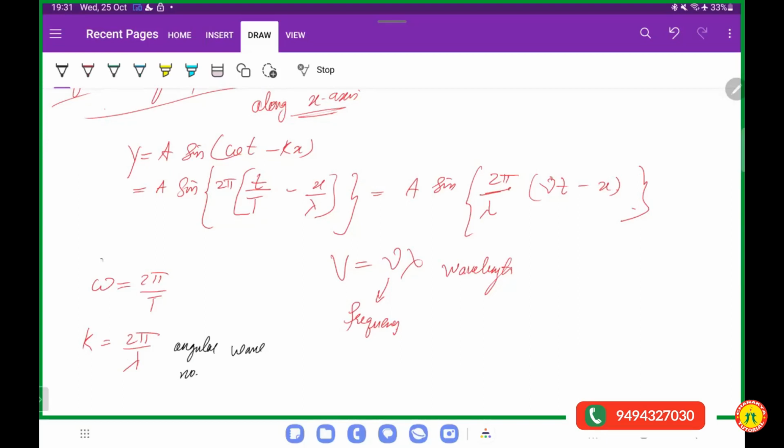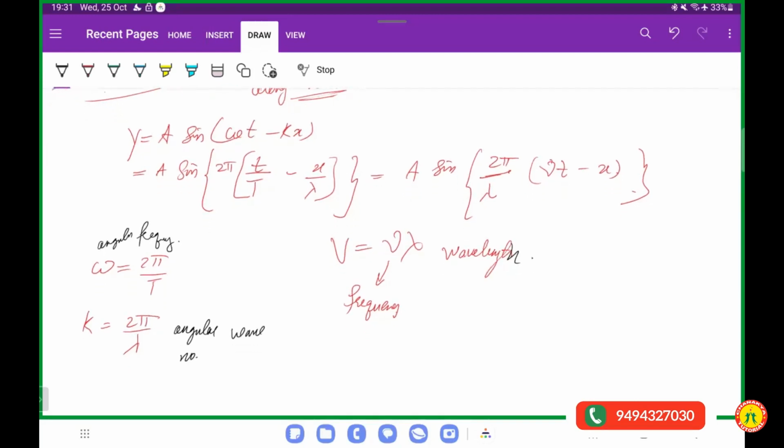This is the angular frequency. Anything else left? Everything we wrote? Actually, this is your standard formula. We will use this one or this one. This is not required.